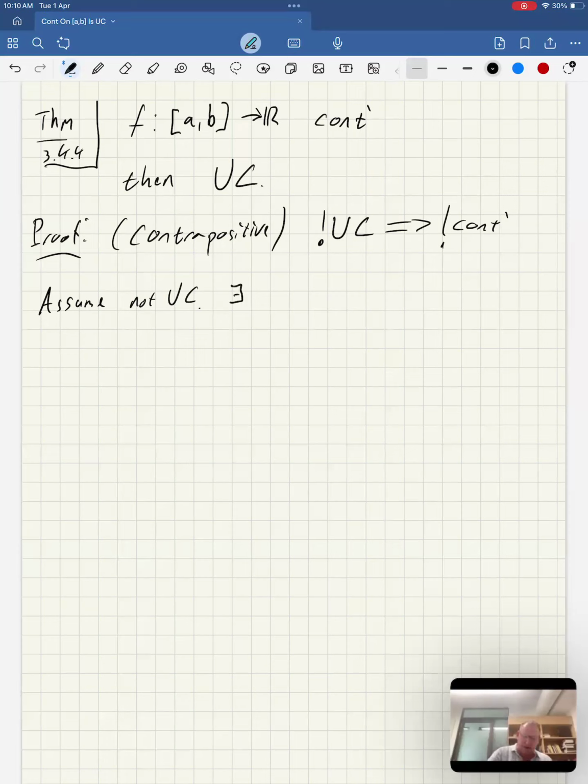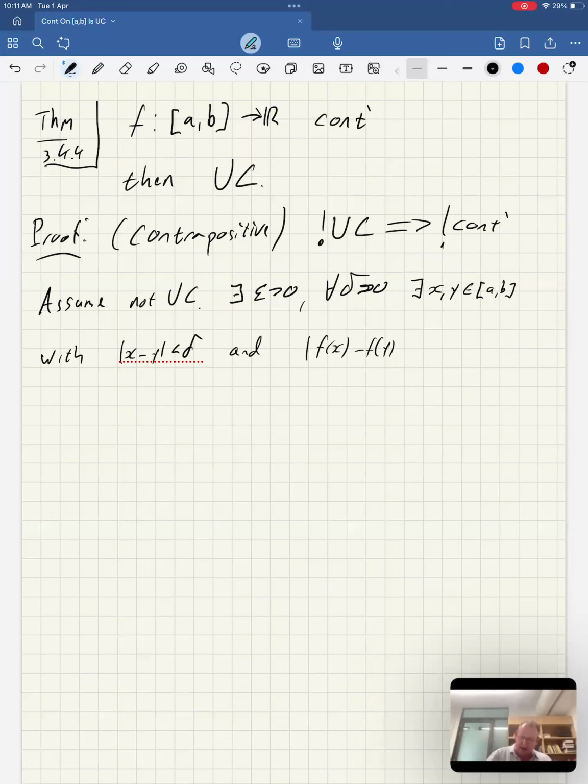So that means that there exists some positive epsilon, such that for all positive delta, there exists some pair x, y in the interval, with |x - y| less than delta, and |f(x) - f(y)| not being strictly less than epsilon, meaning being greater or equal to epsilon. This is not being uniformly continuous, because if it was uniformly continuous, then we would have had for all, and there would exist, such that if this holds, then this holds.